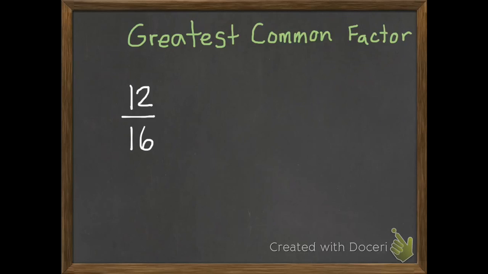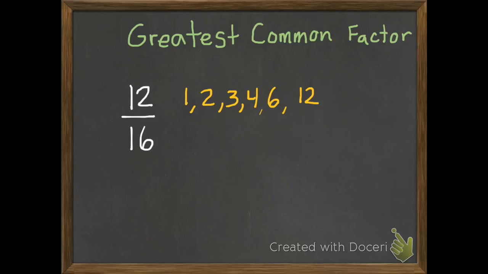So for 12, our factors are 1 and 12. You always have 1 and the number that you have. It's even, so we know we have 2 and 6, 3 and 4, and then we know we're done because we got back to our other number. So those are the factors for 12.